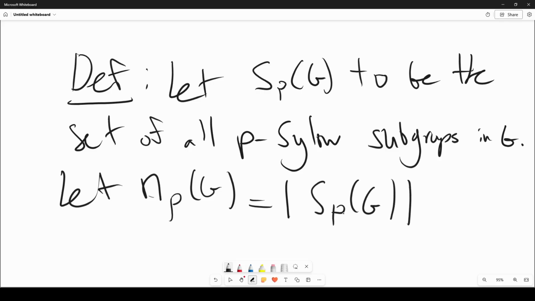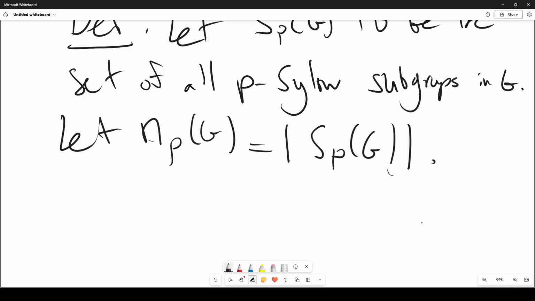So n sub p of G is just kind of counting the amount of different subgroups. And we'll find that once we prove the later Sylow theorems, which will be next video, that this number will pop up and will actually be very helpful for proving facts about groups and the structure of that group.